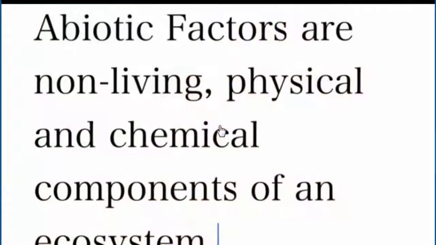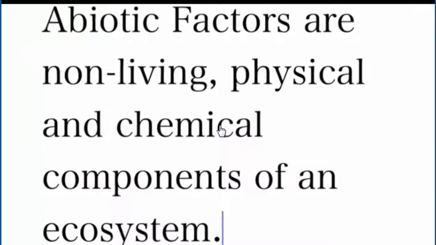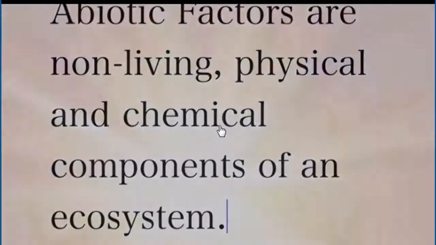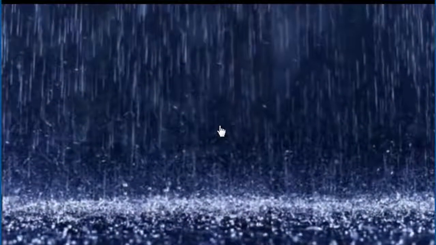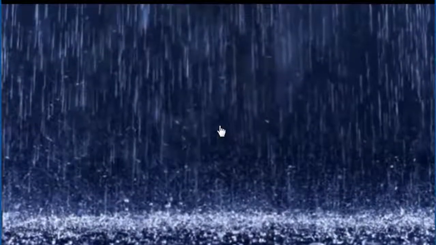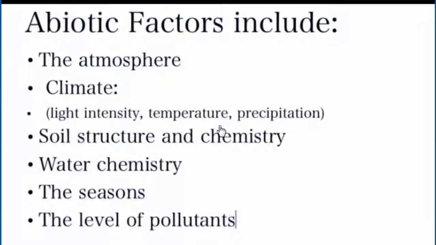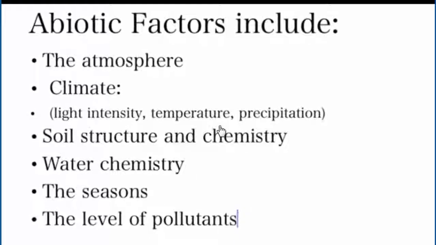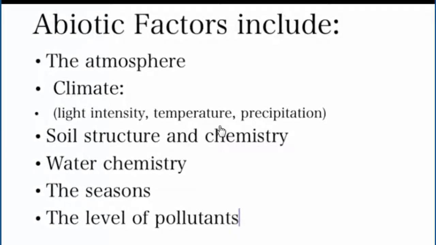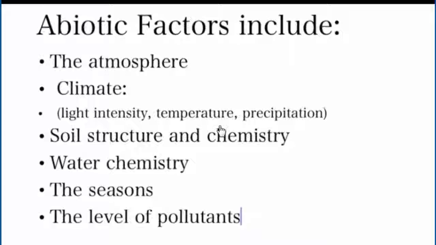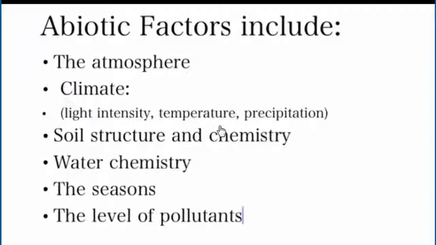Can you dig it? But that's not all. You also have the non-living side, which we call abiotic factors. And this is physical and chemical components of an ecosystem. So of course, sunlight and rain, those are kind of physical. You have temperature, that's physical. It includes all sorts of stuff though. It includes the chemistry, like the pH of the soil or the pH of the water, or how much salt's in the water.